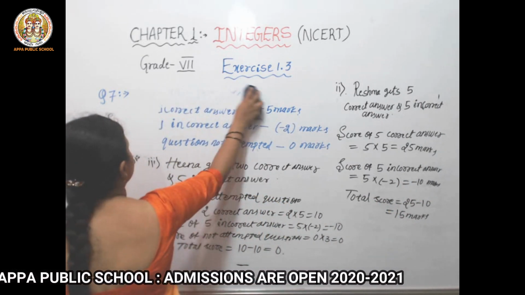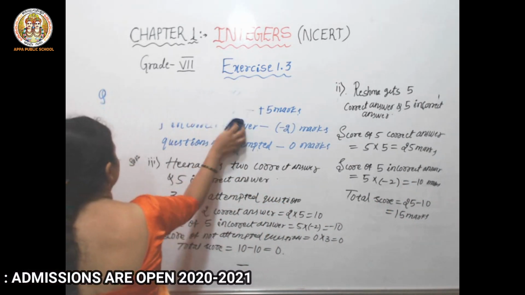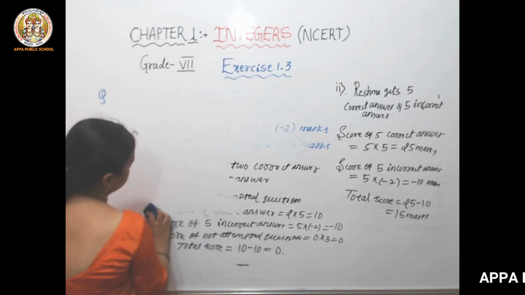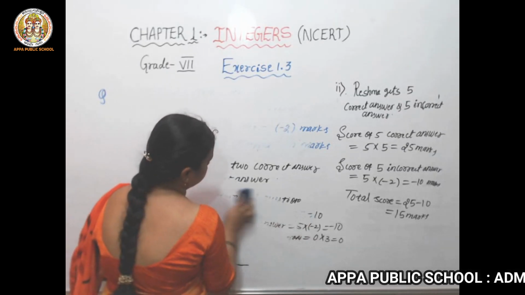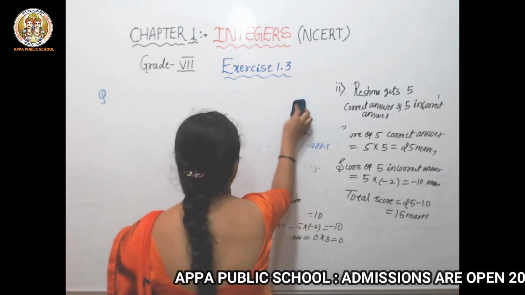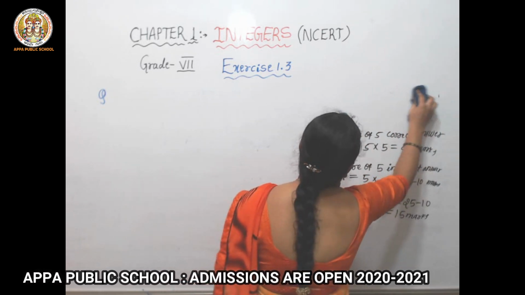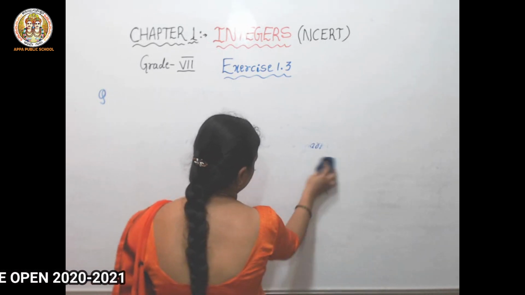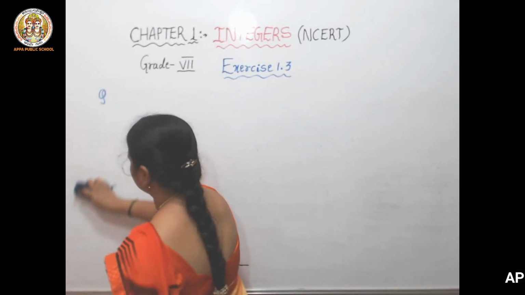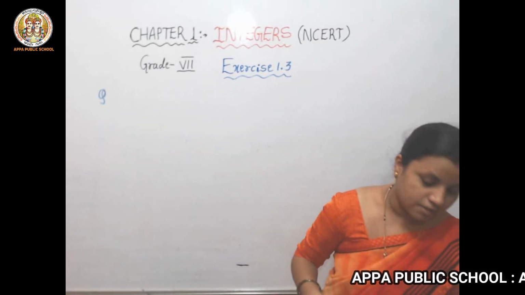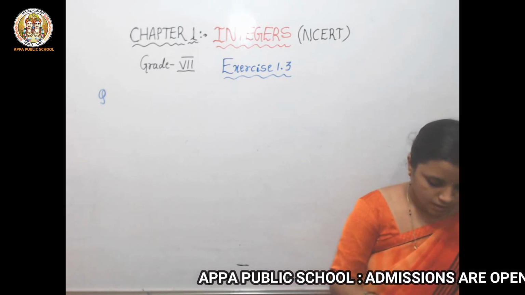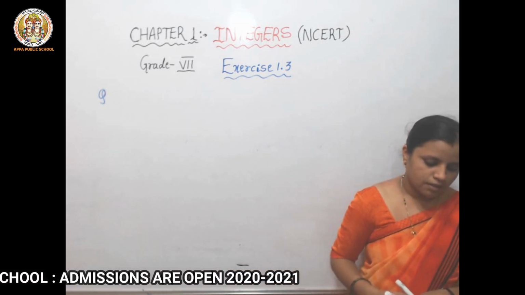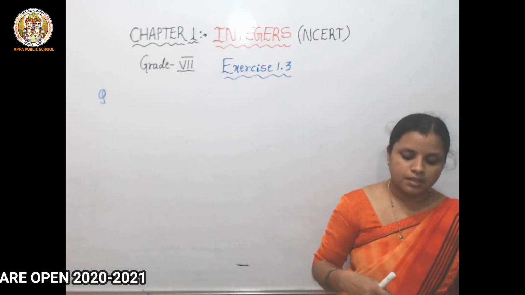The question asks about a cement company. A cement company earns a profit of rupees 8 per bag of white cement and a loss of rupees 5 per bag of grey cement sold.